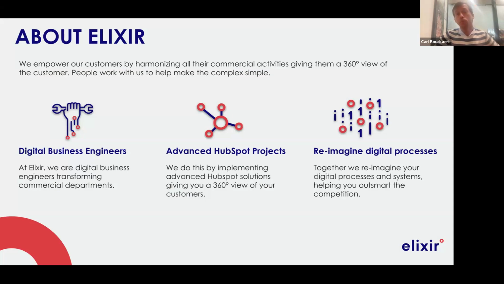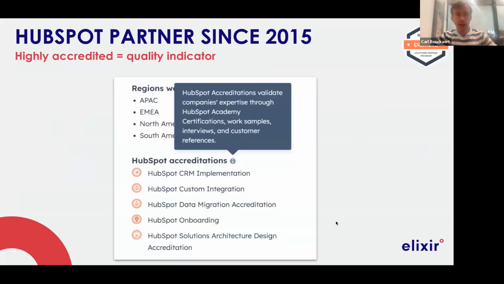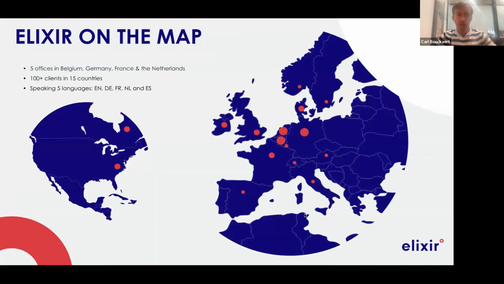We typically do more advanced HubSpot projects for upper mid-market clients and corporate clients, for whom we reimagine their digital processes. We are a highly accredited HubSpot partner. We are also a certified DealHub partner, and we have clients mainly in North America and Europe. You can see them here on the map.